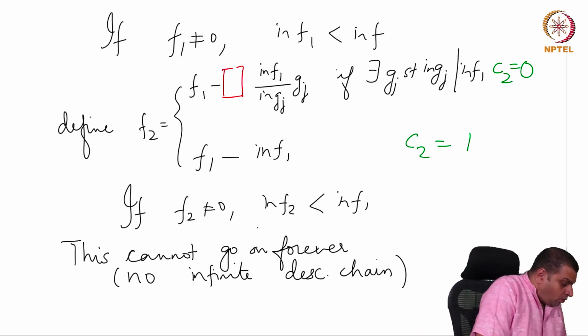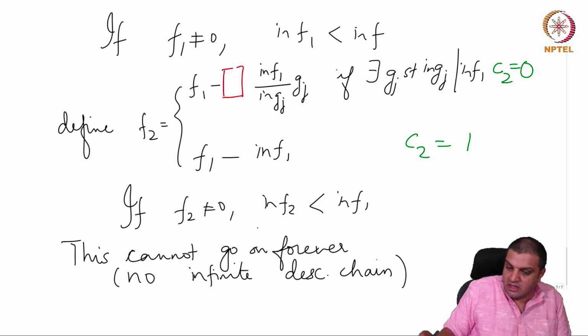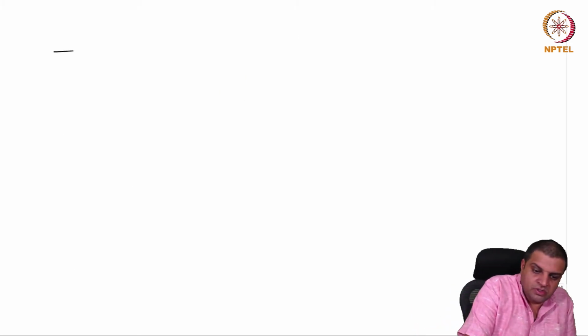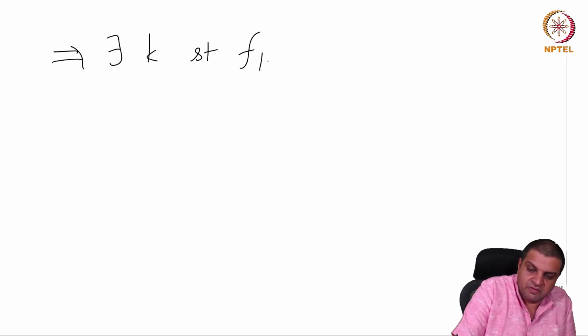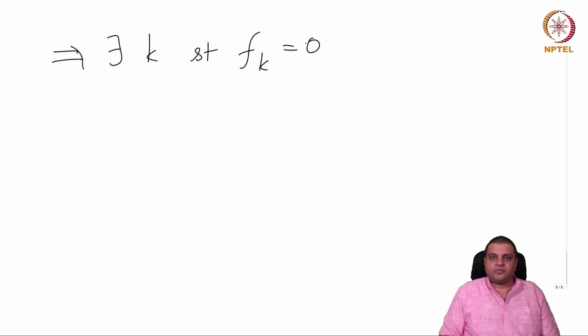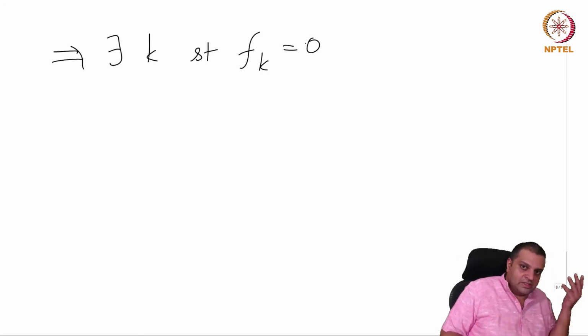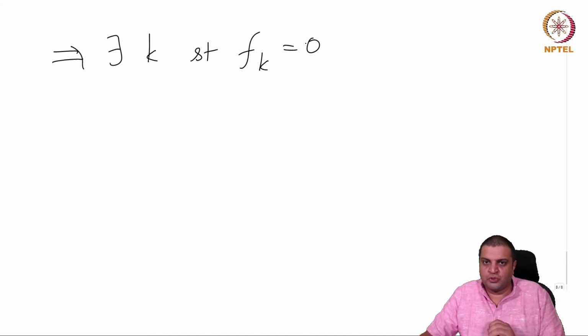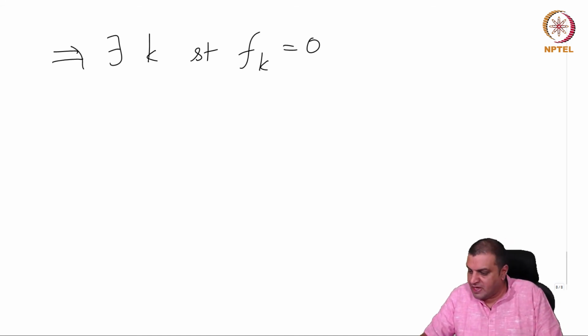So now what does that mean? It means that at some stage fk is 0. So this implies that there exists a k such that fk is 0. Now we ask, what is fk minus 1? To go from fk minus 1 to fk, we would have had to make a choice.